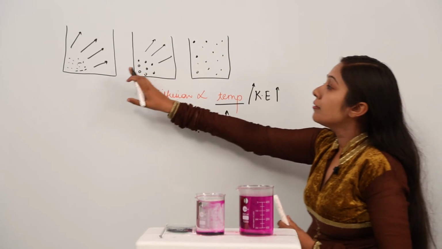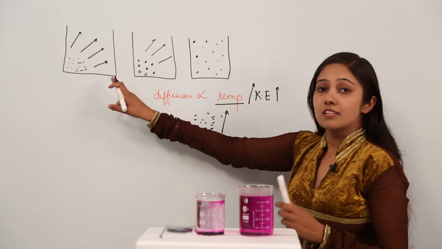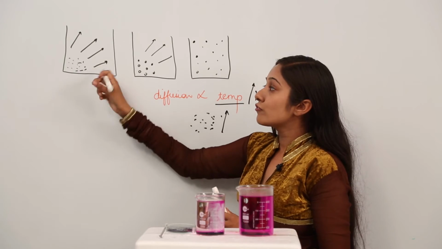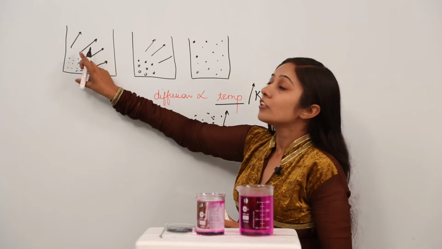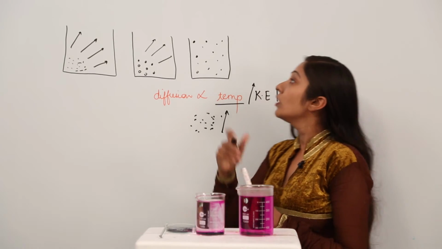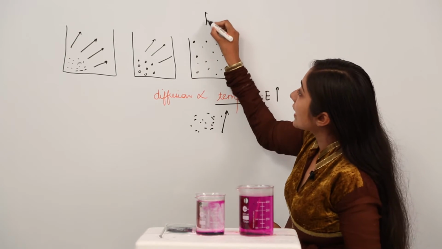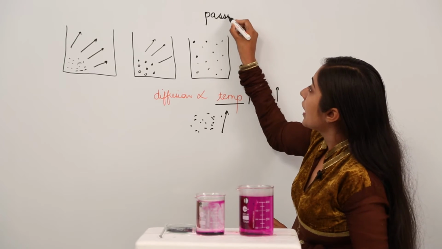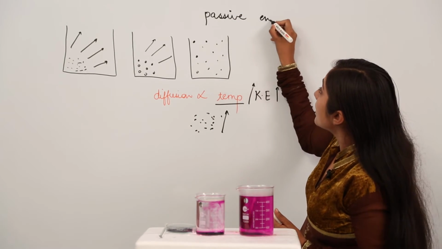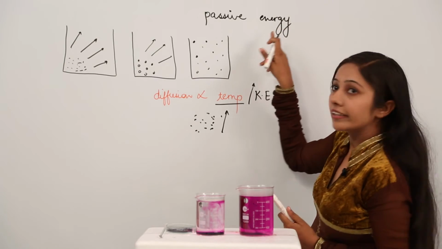So let us recall what the diffusion process is. It is a movement of the molecules from the region of higher concentration to the region of lower concentration. And remember one important point I want to tell you: diffusion is actually a passive process. Is a passive process a process in which there is energy involvement?